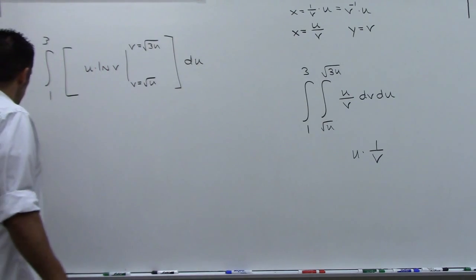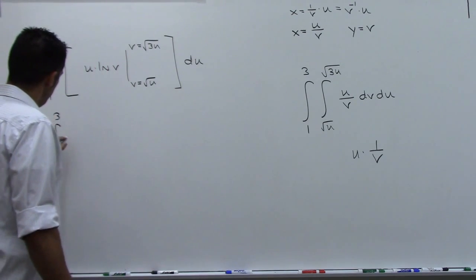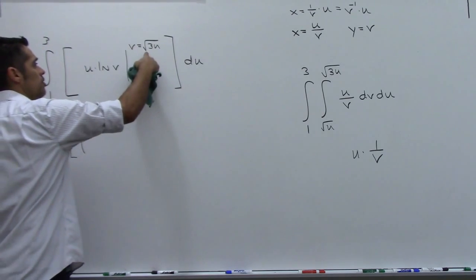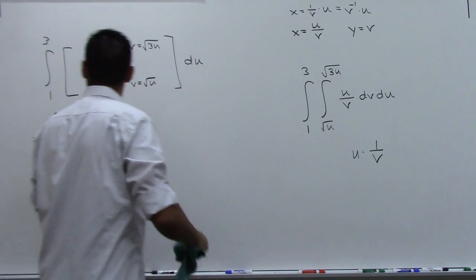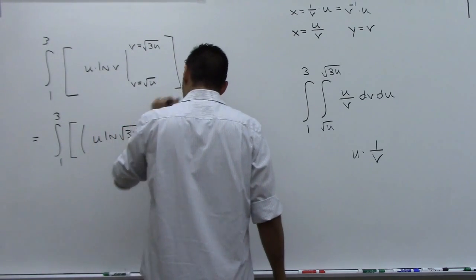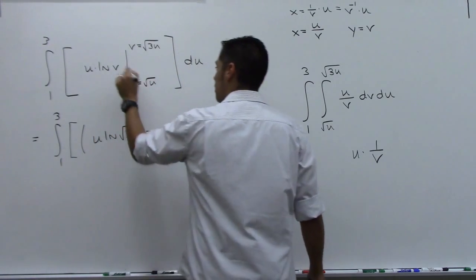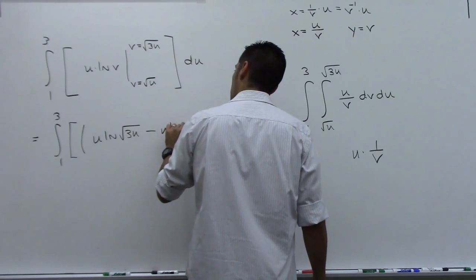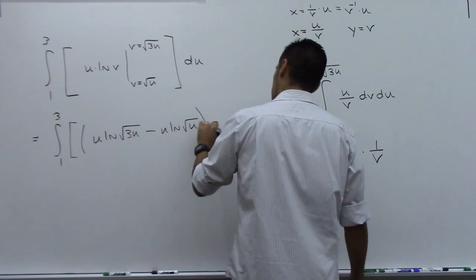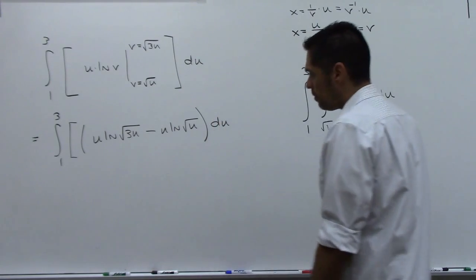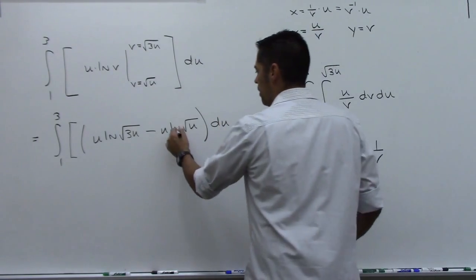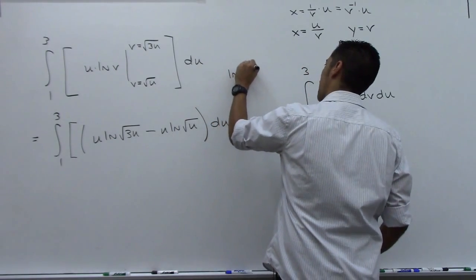Now that's equal to the integral from 1 to 3 of, let's start plugging things in here. If I do root 3u in here, I'm going to get u natural log of root 3u, and then minus, when I plug in root u, I get u natural log of root u, du. And check this out, I'm going to use properties of logs here. Remember, this is natural log of u to the half.